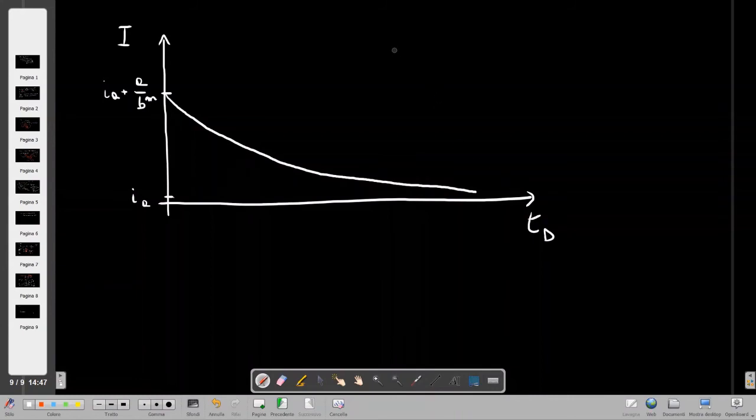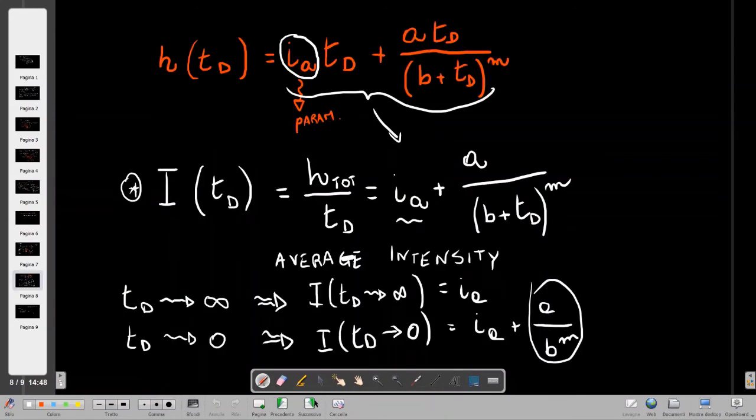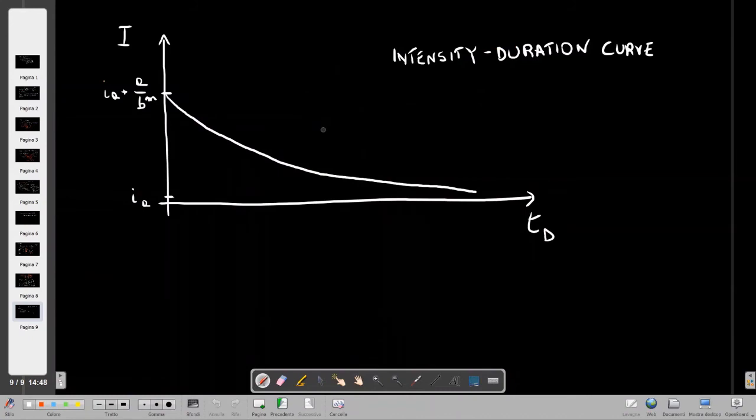This is usually called the intensity duration curve. So in general, this relationship is able to describe the variation of the average intensity. Remember, the average intensity, not the instantaneous intensity. So the average intensity decreases as the duration of the event increases.